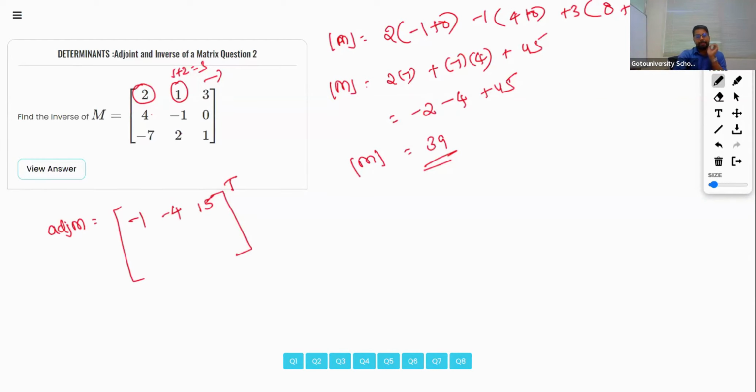Next, what do we have? Second row, first column, it's going to be minus sign. Minus into 1 into 1, it's going to be plus 1 now. And here it's plus sign. 2 ones are 2, plus 21, which is 23. Okay, so finally, we're going to eliminate the third column and second row.